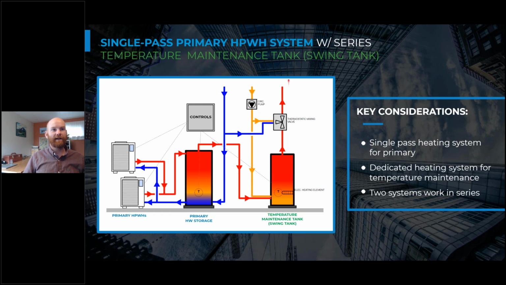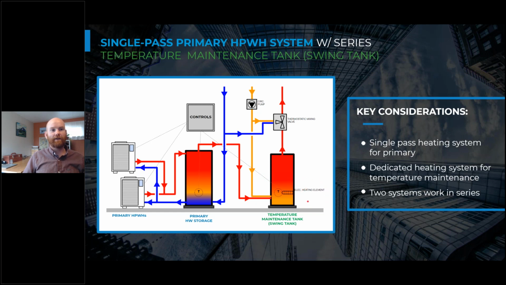So if we have periodic use, we can transfer enough energy through this overheated water to essentially offset the losses in our temperature maintenance system to prevent this electrical element from running.